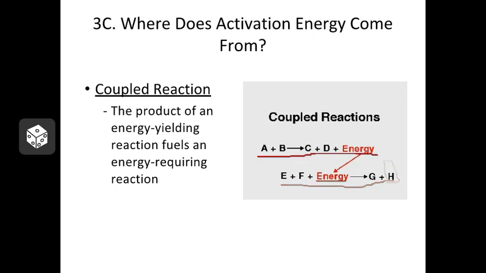This reaction is exergonic because it releases energy, and then that energy can be used to power the bottom reaction, which is endergonic. When this occurs, we refer to this as a coupled reaction, and cells use coupled reactions all the time. They use exergonic reactions to release energy that can then be used to build something that they want to make.